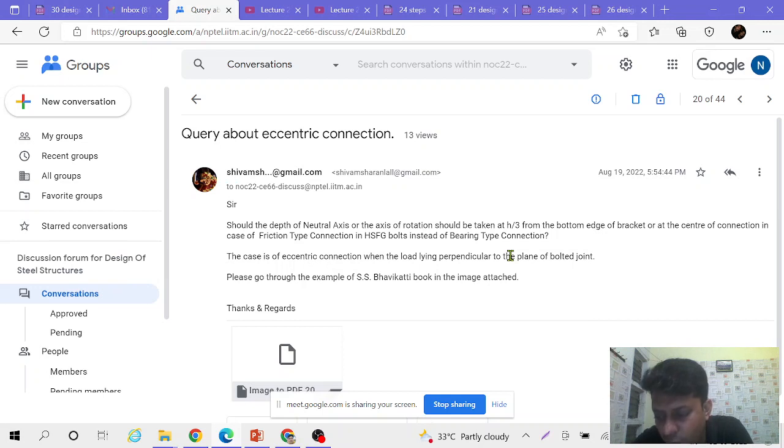Shivam, see, actually in one of my live sessions, I don't remember which one, while discussing the load lying perpendicular to the plane of the bolted joint, I told you that there are lots of assumptions involved in calculating the h by 7 distance.